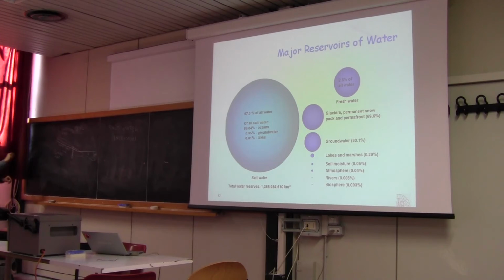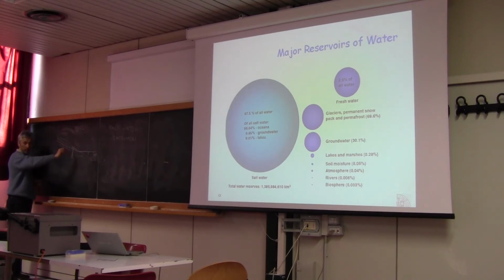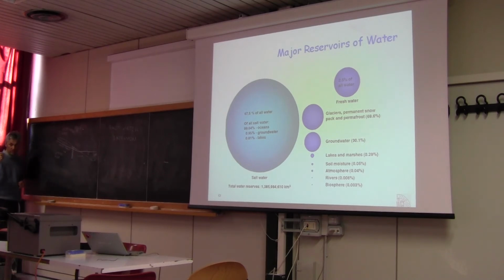This is a very important layer of soil. I think layer is a more correct term than belt. You have a layer of soil that is humid, but it's unsaturated. It's also called Vadose zone.